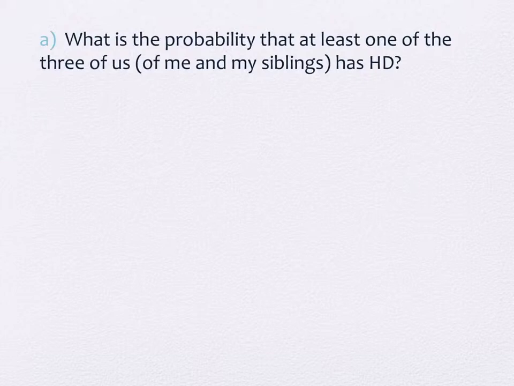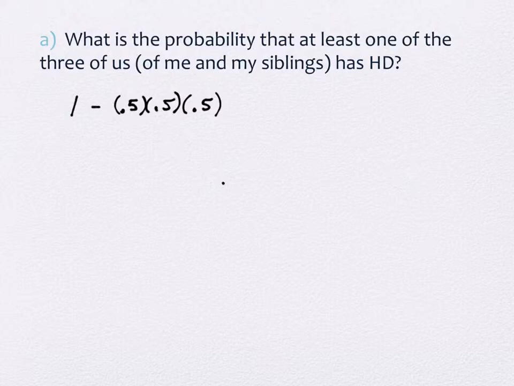So in my mind, what I did is I actually said, well, there's a 50% chance that I have it, and there's a 50% chance that my sister has it, and a 50% chance that my brother has it. And so 1 minus that chance is what the likelihood is that at least one of us has this disease.